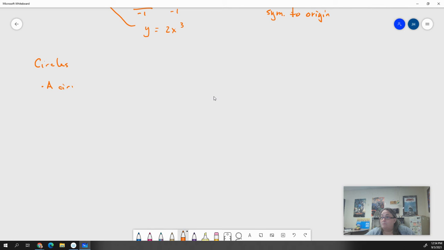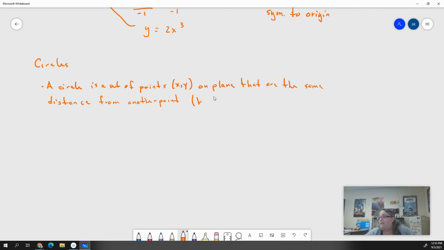Ultimately, a circle is any set of points (x, y), on a plane, like a Cartesian coordinate plane, which is the kind we've been using, that are the same distance from another point, that we're going to call (h, k), or the center.